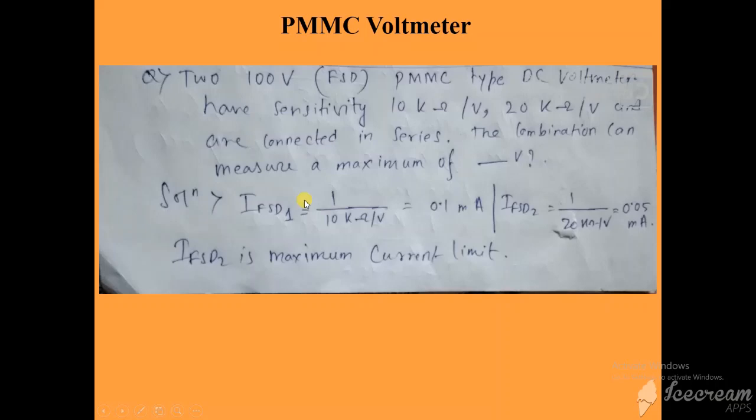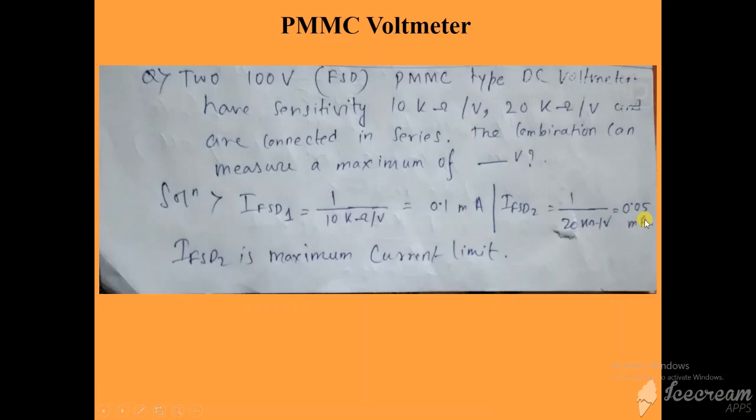We know the formula: 1 by sensitivity is the full scale deflection current. For the first one it gives 0.1 milliamp. For the second it gives 0.05 milliamp. Now it is more clear: if 0.75 milliamp of current flows, then this instrument will burn, because its maximum full scale deflection current is lower.